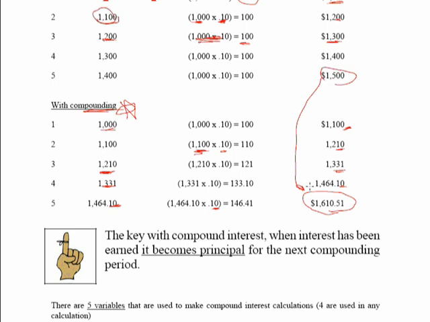So that's the beauty of compound interest. That's the power of compound interest. And again, if we continue this example 10, 20, 30 years, the difference between the no compounding and the compounding example is just going to grow exponentially.